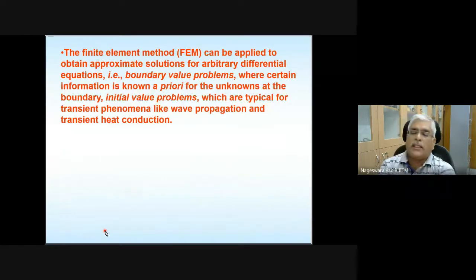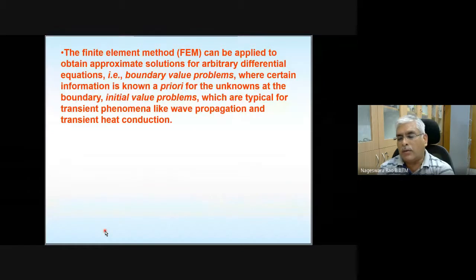And what is the advantage of this finite element method? The finite element method can be applied to obtain approximate solutions for arbitrary differential equations.